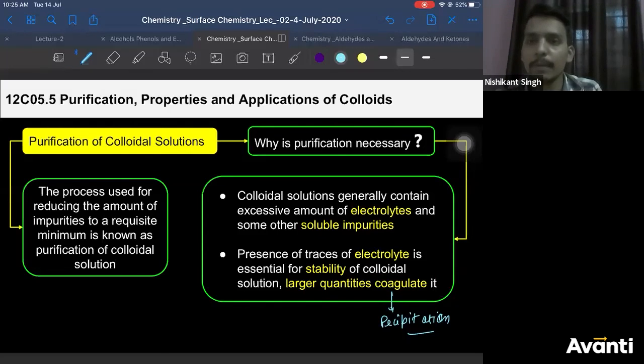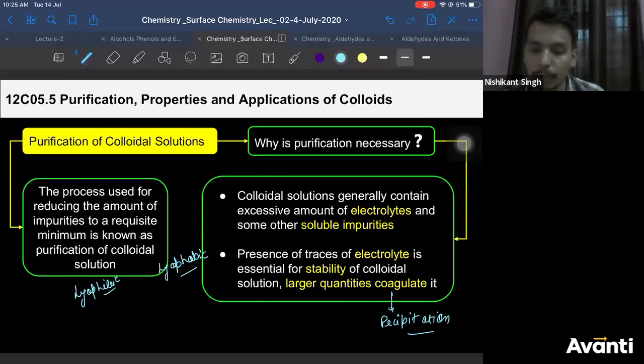It will increase the stability of colloid. But if you have a lot of electrolyte impurities, then it will make your colloids convert into precipitate. That's why it is important to purify your colloids. I hope you remember there were two colloids, lyophilic and lyophobic.